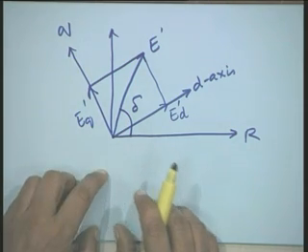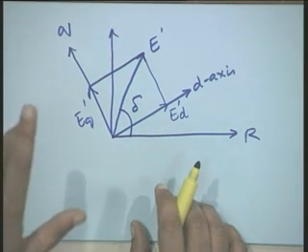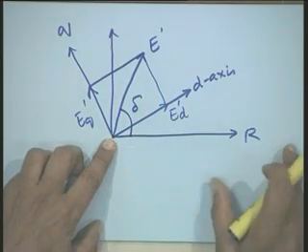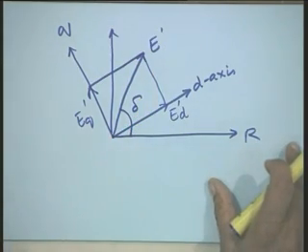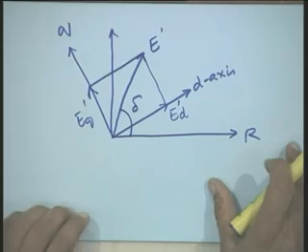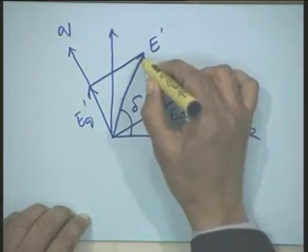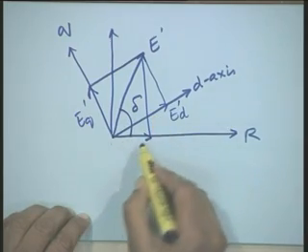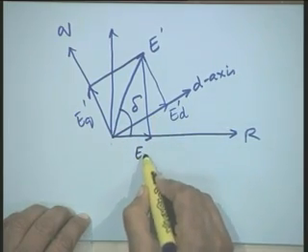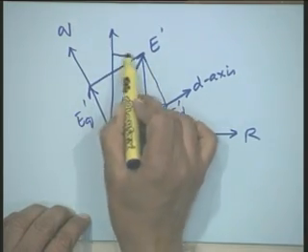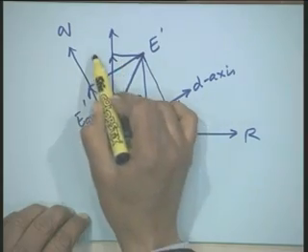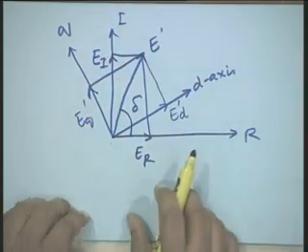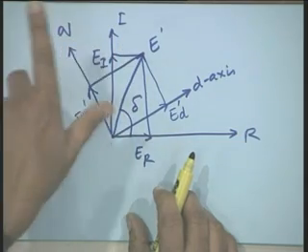Therefore, for studying stability I can measure the angle of E prime with respect to some arbitrary reference, it may be the synchronously rotating reference frame or so on. Therefore, the components of E prime, call them E R and E I, will be varying as delta varies.